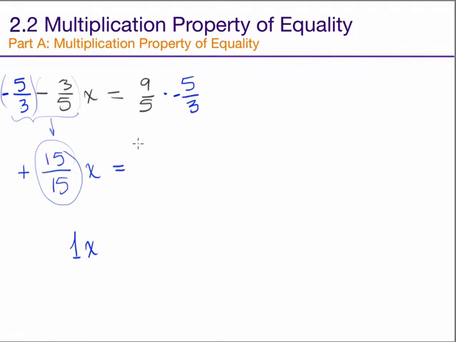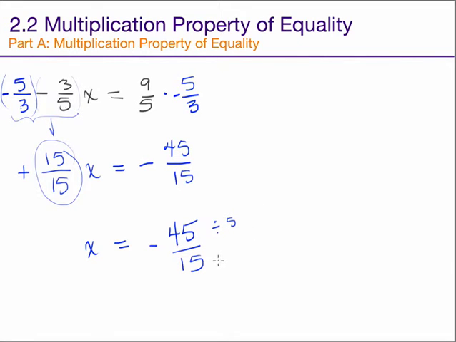Doing this multiplication of fractions, I have a positive times a negative is a negative. 9 times 5 is 45, and 5 times 3 is 15. So it looks like my answer is x equals negative 45 over 15, except that this fraction can be reduced. 45 and 15 are both divisible by 5.